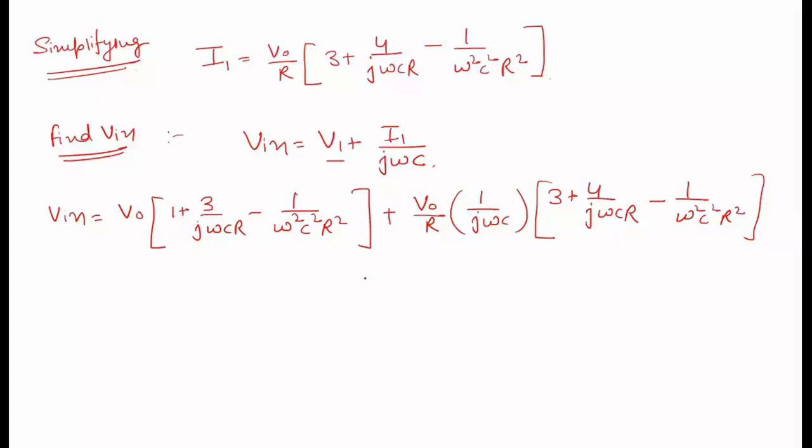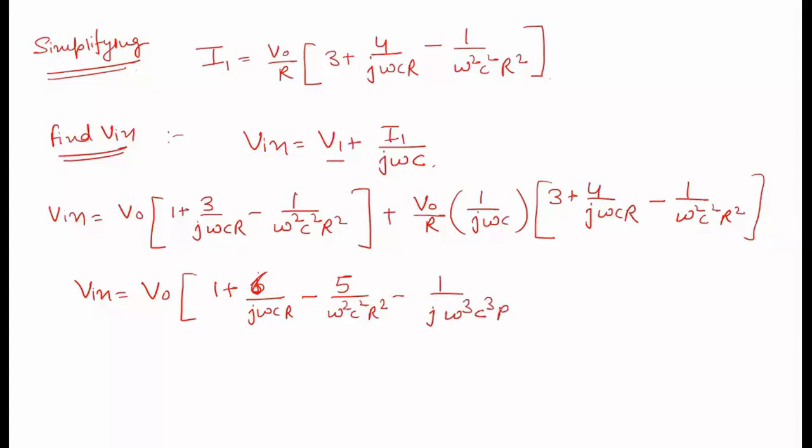And rearranging the terms in this expression, we can write it as V in is equal to V naught into 1 plus 6 upon j omega CR minus 5 upon omega square C square R square minus 1 upon j omega cube C cube R cube.